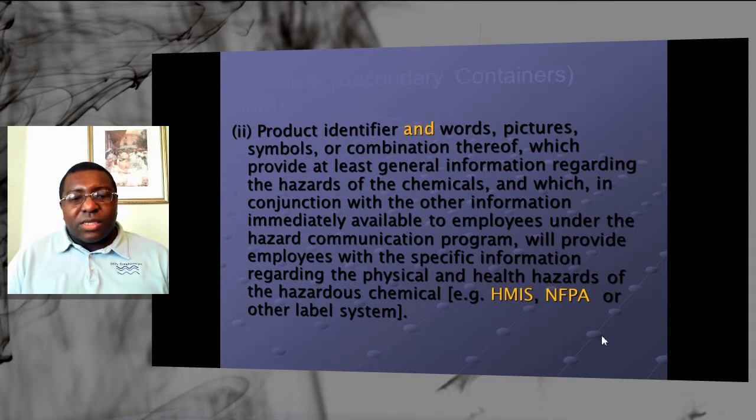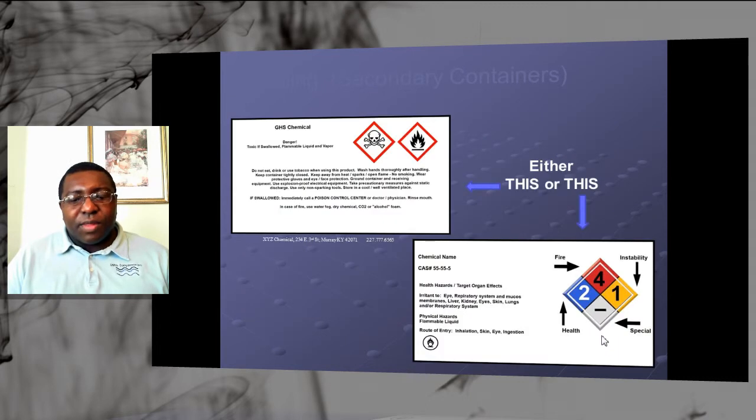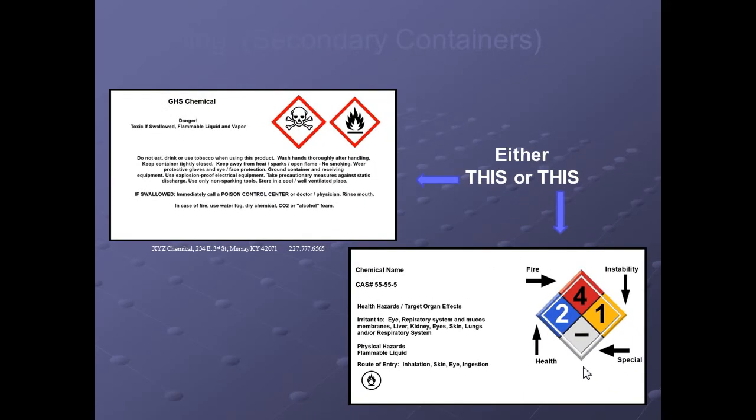And in doing so, you have to make sure this information is immediately available to your employees under this HAZCOM program. Now, the one on the bottom right is what you're used to seeing with the National Fire Protection Association symbol, but that is now going to be changed to your GHS symbol on the top left.